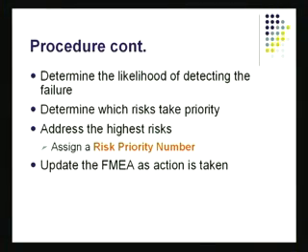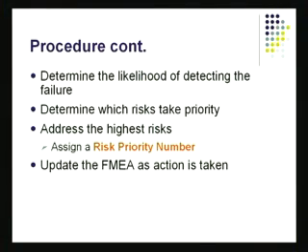If you multiply these three, you'll end up with something called the risk priority number. If detectability is low, obviously it's more serious, so you'd like to give it a rating that's high because it's got poor detectability. When they're multiplied together, you end up with something called the RPN, the risk priority number.